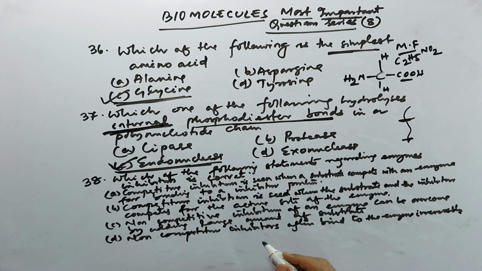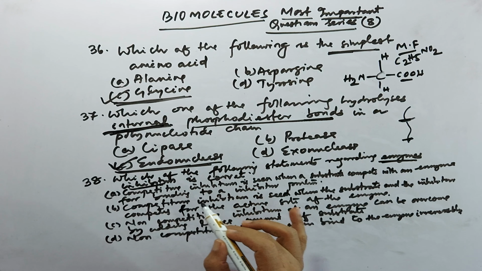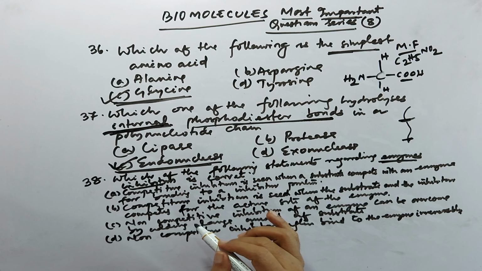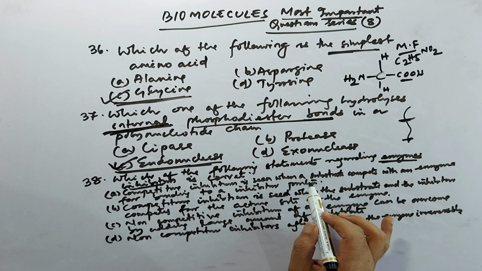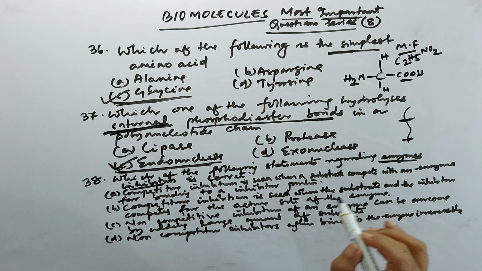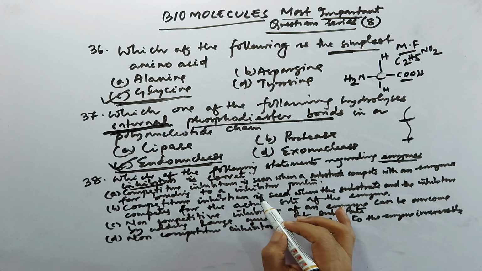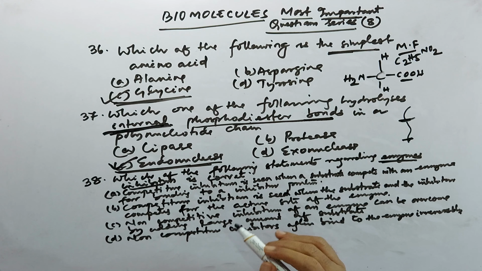So the important thing here is which statement regarding enzyme inhibition is correct. I have discussed all of this in detail in my videos. The first option, that competitive inhibition is seen when a substrate competes with an enzyme for binding to an inhibitor protein, is wrong.